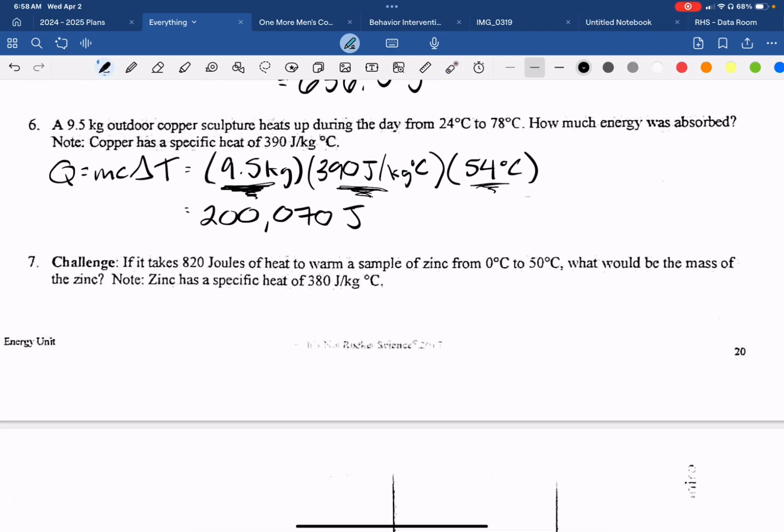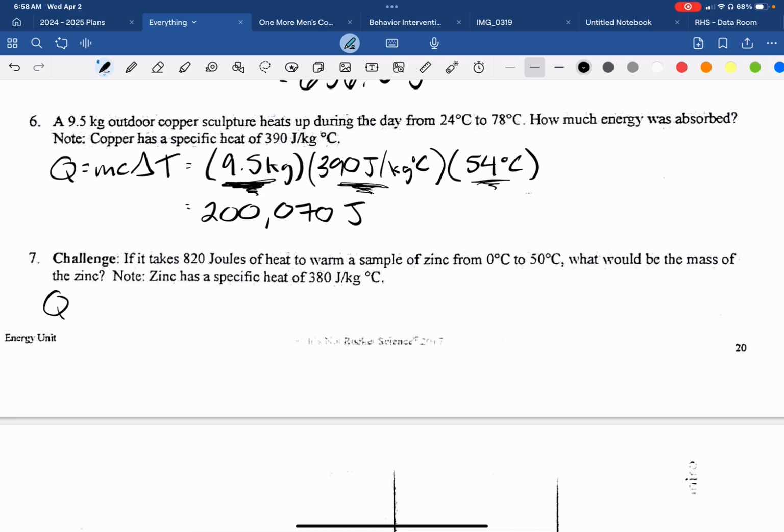All right. Finally, number 7, the challenge question. We're starting with our same formula, but it's going to change a little bit. So this time it says, if it takes 820 joules of heat to warm a sample of zinc from 0 to 50, what would be the mass of the zinc? All right, well, there it tells us what it's asking for, what would be the mass. So we're looking for mass. Before I go any further, I'm going to want to go ahead and make my equation solve for mass.